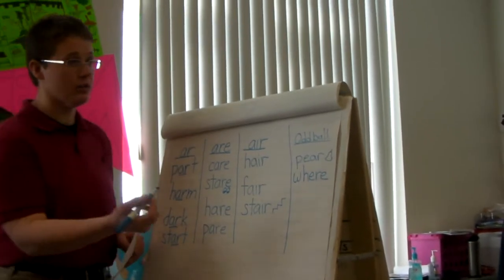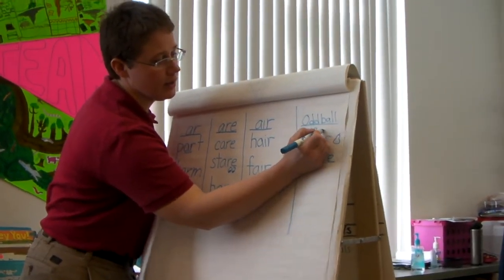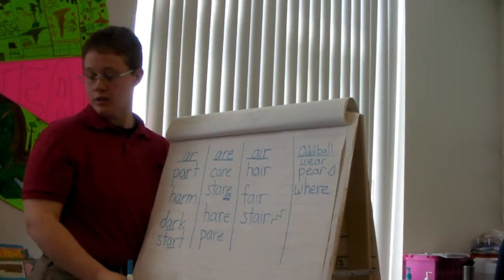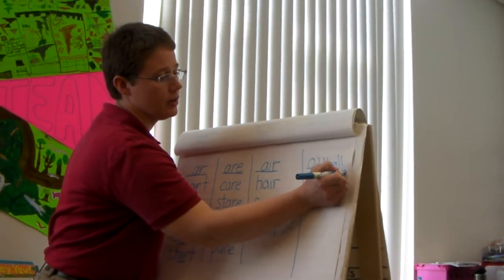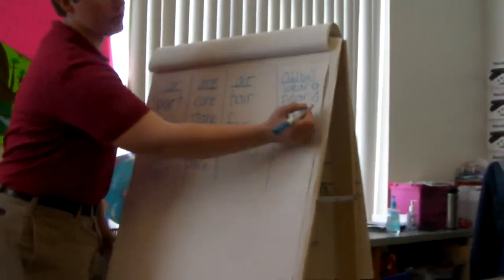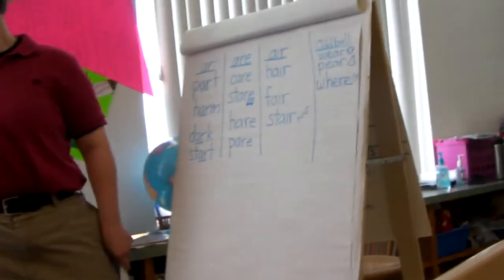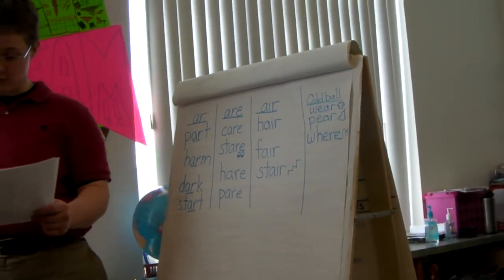Oh, well then we have wear. That's the same pattern, isn't it? So that's the good news. This wear is like the clothes that you wear, though. There's actually another where too, but it's not on your list, so I'm not going to confuse things.